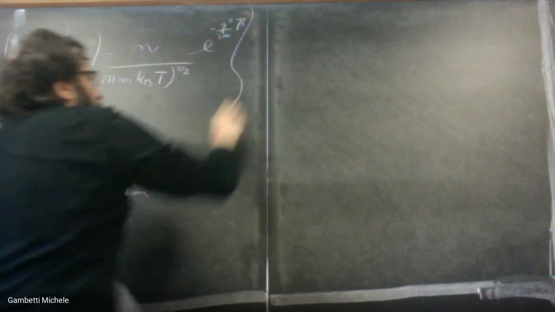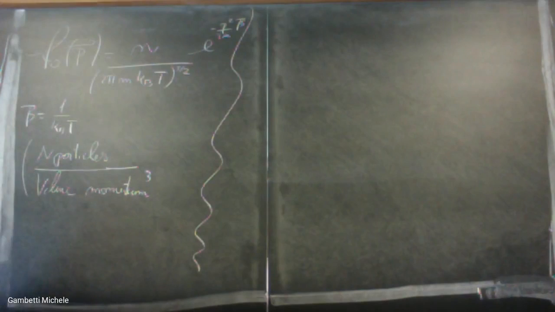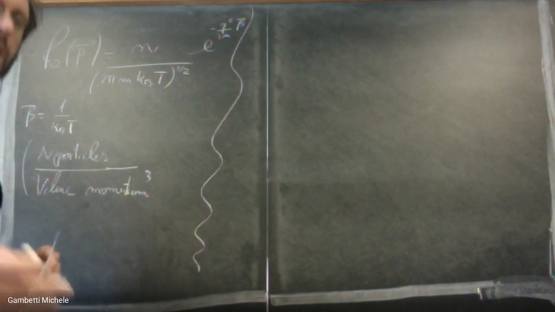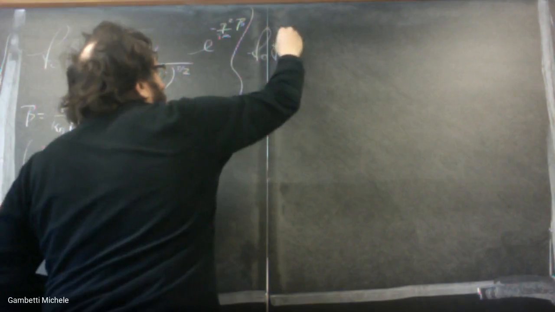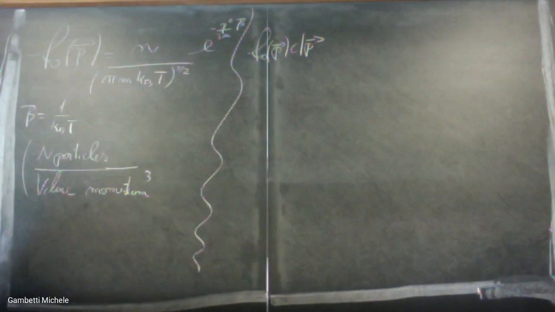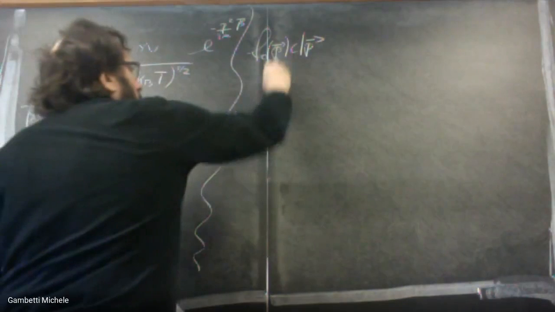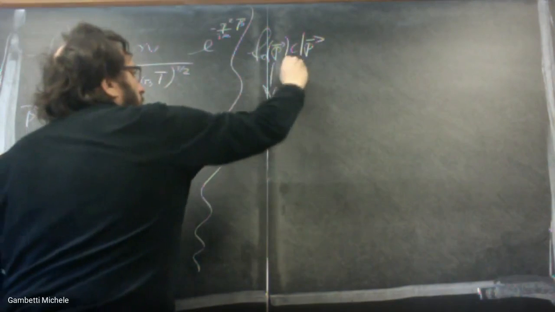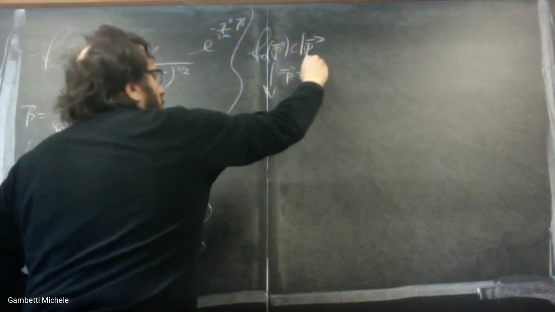Okay, so the dimension of this quantity is this one: number of particles divided by volume divided by momentum to the power of 3. And of course, if I want to compute a certain probability that the particle has a certain momentum or a certain velocity within a range, then I have just to do the f0 dp, which translates, when I introduce the velocity, so p is equal to mv.